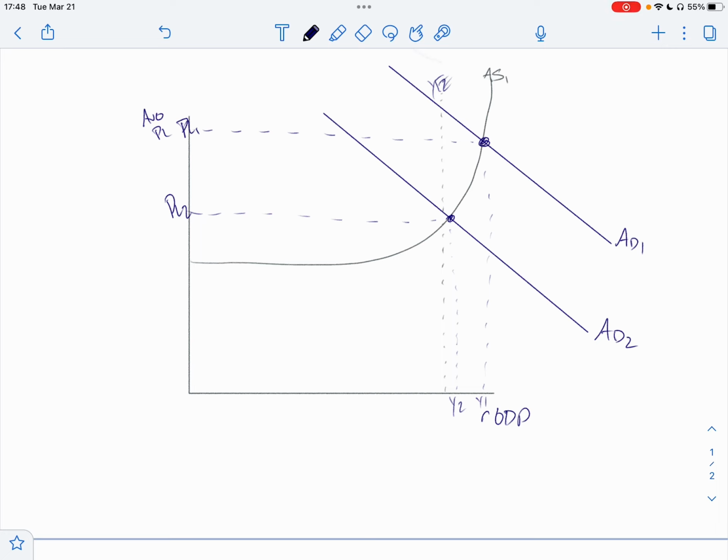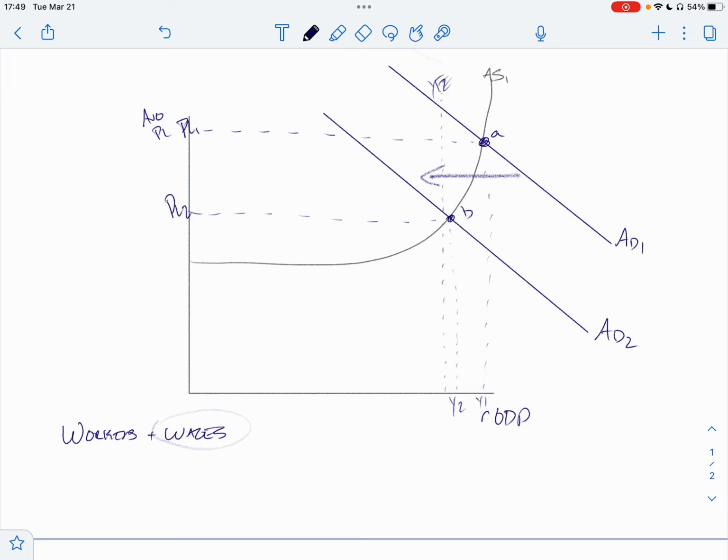All right. In this point, as we move from A to B, let's start off by looking at our workers and wages. And we're just going to remember that wages tend to be sticky. So let's say there's been an increase in personal income taxes, which causes this shift from AD1 to AD2.